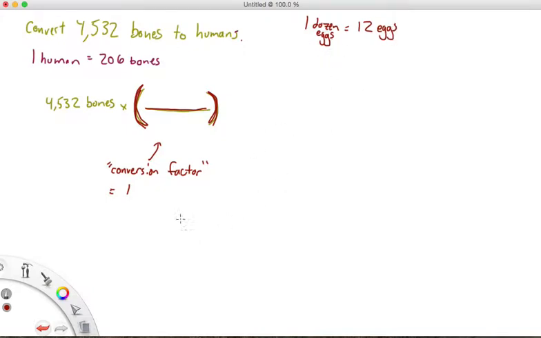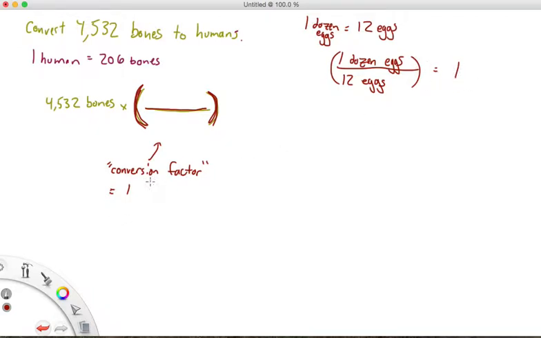Well, if you put 1 dozen eggs over 12 eggs, what does this whole thing equal? It just equals 1, because this quantity on top, 1 dozen eggs, is the same as that quantity on the bottom, 12 eggs. The same thing. It's like this over that. They're the same. It equals 1.